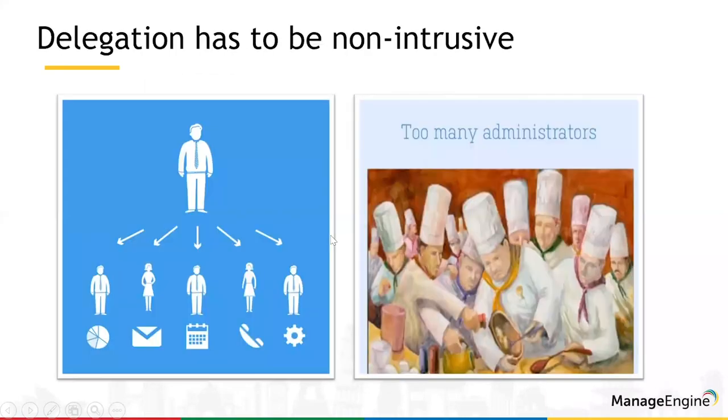So the whole idea here is your delegation principle has to be non-intrusive. You as an administrator can delegate tasks to any users in your infrastructure, but you'll have to make sure that there are not too many administrators. The administrative privileges have to be really precise, and should be given to people who really need that privilege.